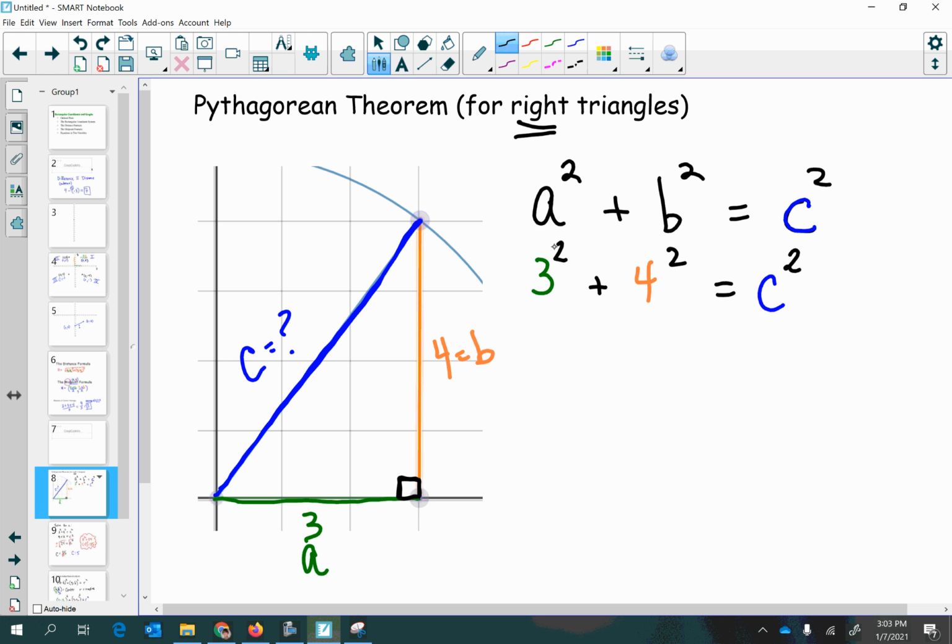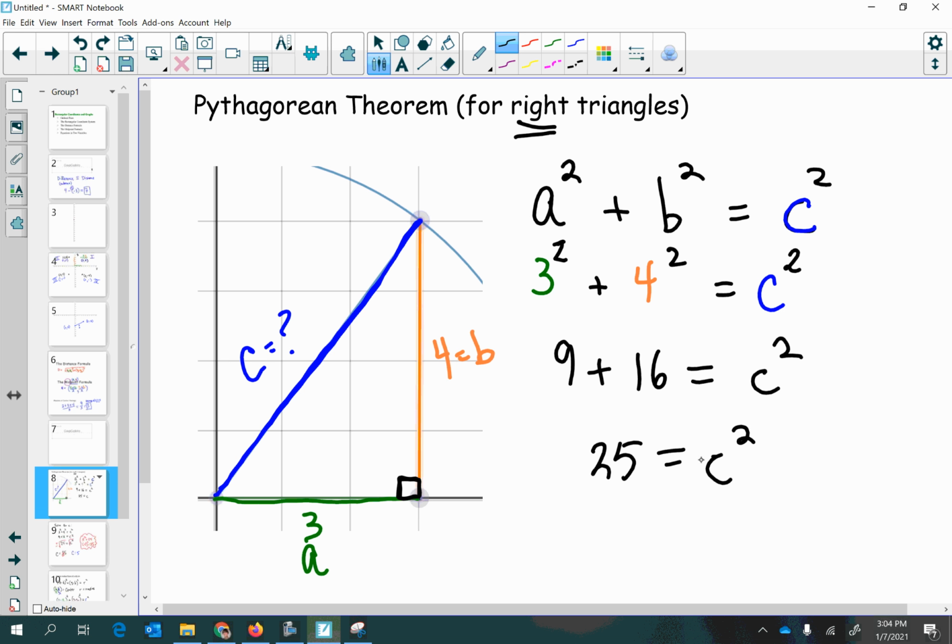And now we have all numbers except for that one letter. And so that is our one missing piece of information that we can solve for in order to answer our question. So we'll just go ahead and simplify, and we'll get 3 squared is 9, 4 squared is 16, and 9 plus 16 is 25.